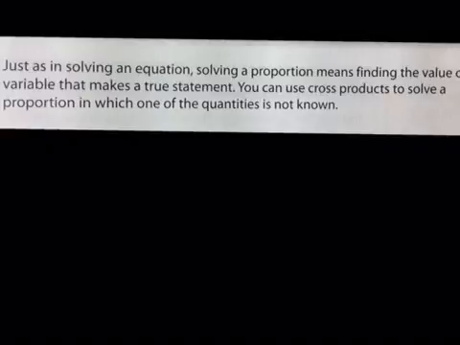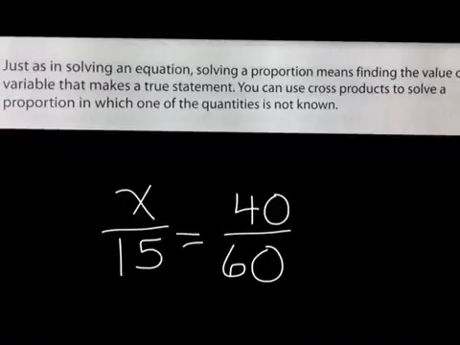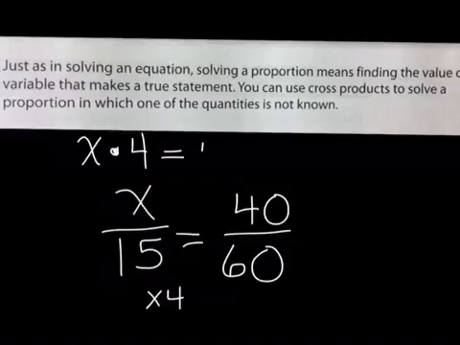For example, we can have x over 15 equals 40 over 60. Okay, well we know that this is equal to this. What did we do to the 15 to make it 60? I'm sure you guys can tell that we quadrupled it, we multiplied it by 4. That means I have to multiply a number here by 4 to get 40. What number multiplied times 4 will give me 40?